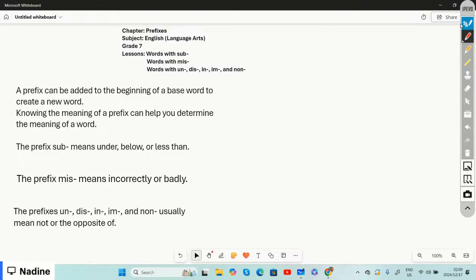A new word is created because the prefix has its own meaning, as well as the base word has its own meaning.